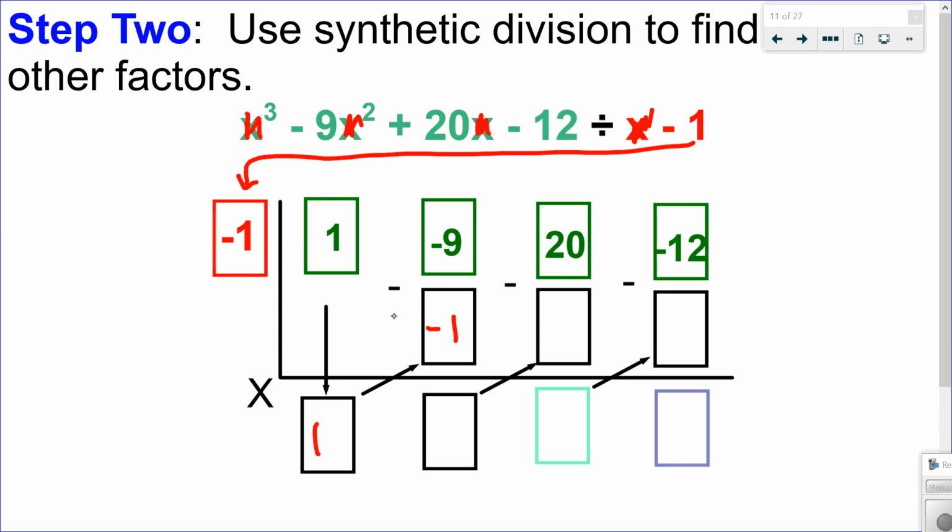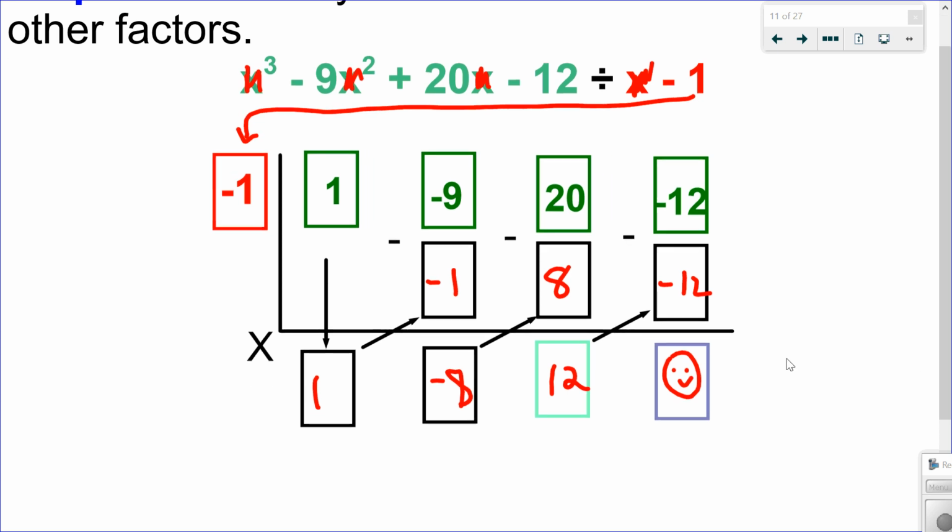So -9 take away 1 is -10. No wait, silly, let me try that again. Okay, 1 times -8 is -8. And 20 take away -8 is 12. 1 times 12 is 12. -12 take away 12 is 0, which is great, which means that there is no remainder, which is what we expect because it is a factor.